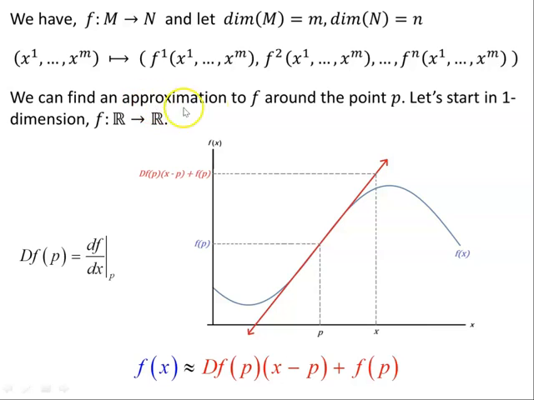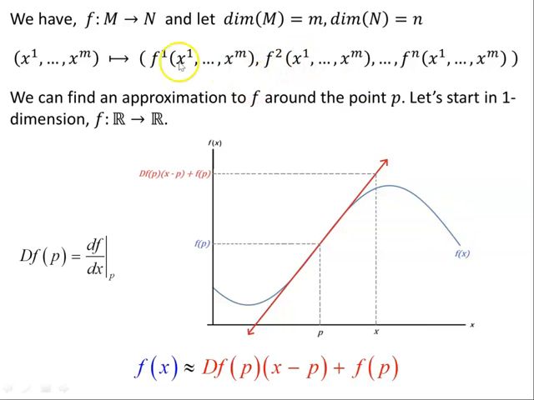So we can find an approximation to the function f, whatever f is in however many dimensions. Let's just say here f is a map from the reals to the reals in one dimension. Here's f of x, a plot of f of x versus x. And it turns out that at any given point, let's just say point P, we can find a very good linear approximation to f of x.